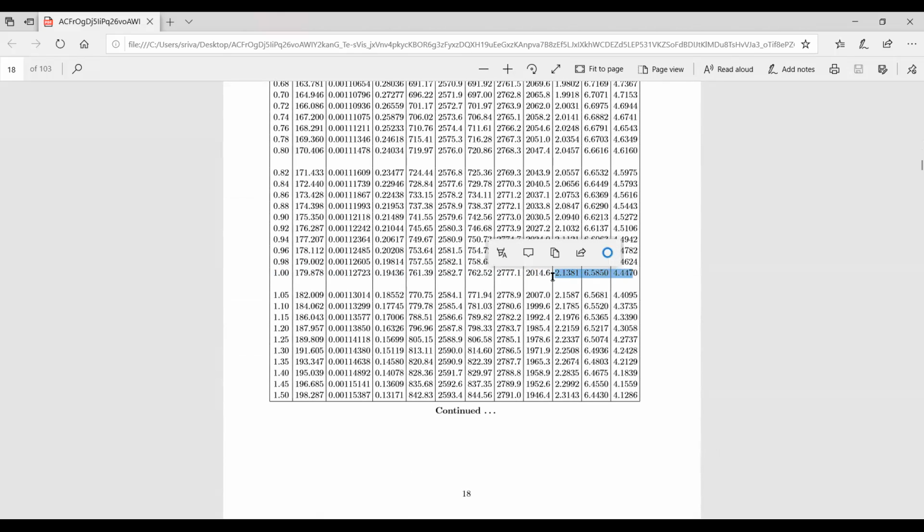These three cover the entropy and these three cover the enthalpy. If you take this one, 762.52 is the enthalpy of the fluid, that is the enthalpy at 10 bar pressure, HF, the liquid enthalpy. I'm taking that value.